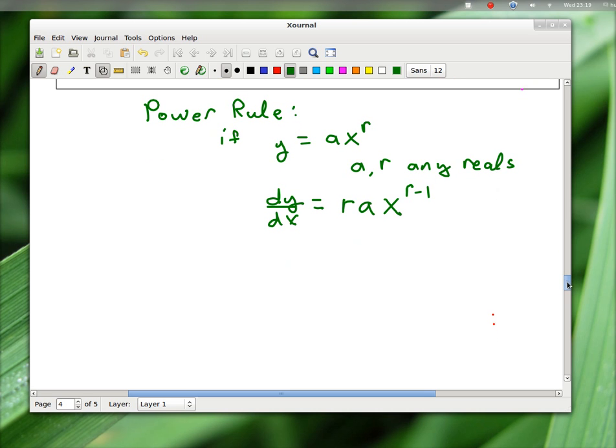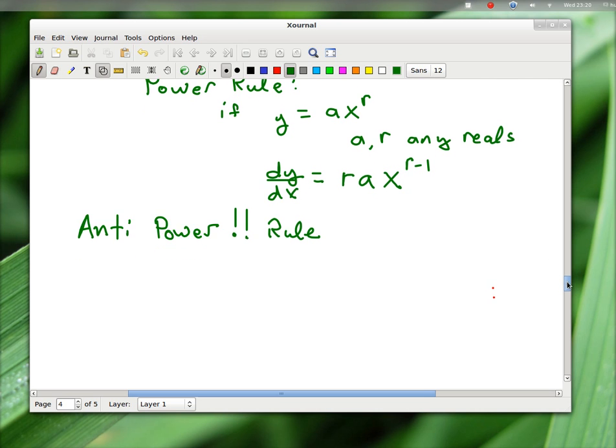So we want to do that backwards. Could you call it maybe the anti-power rule? Anti-power rule. And what does the anti-power rule say?